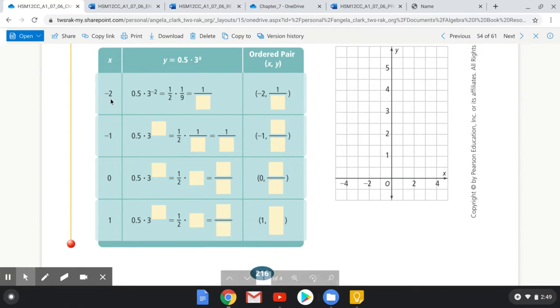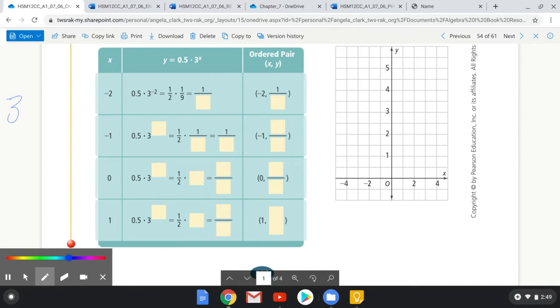So for x being -2, we have 0.5 times 3 to the -2. And so they've rewritten 0.5 as a fraction. So this 1/2 is the 0.5. That's a fraction. And then 3 to the -2 is the same thing as 1/3 squared.